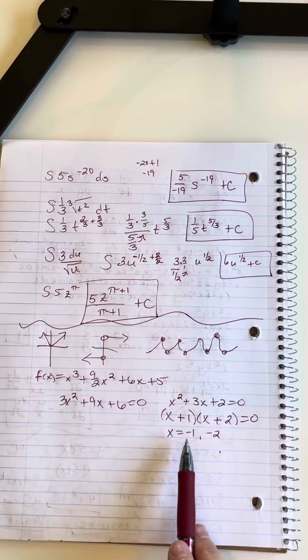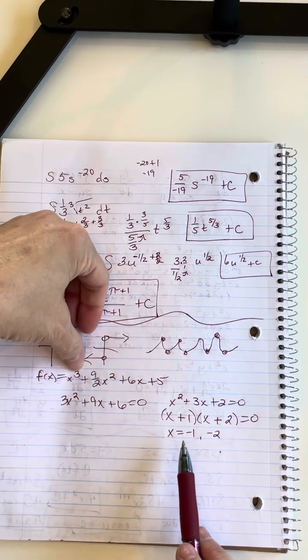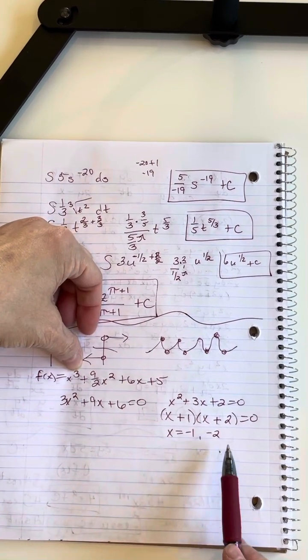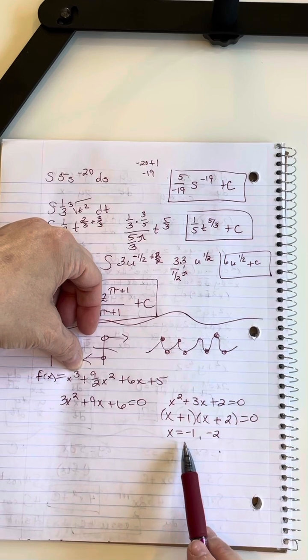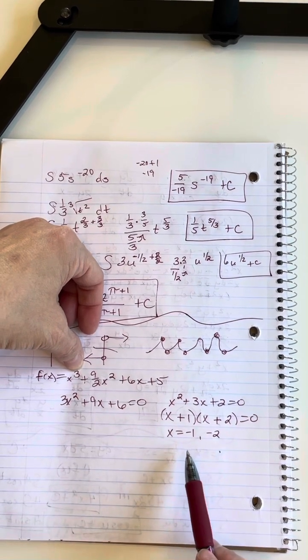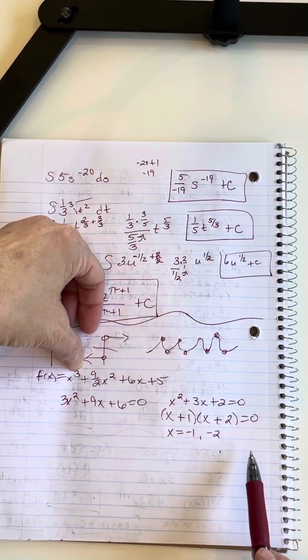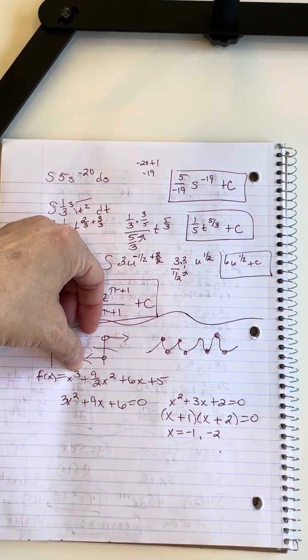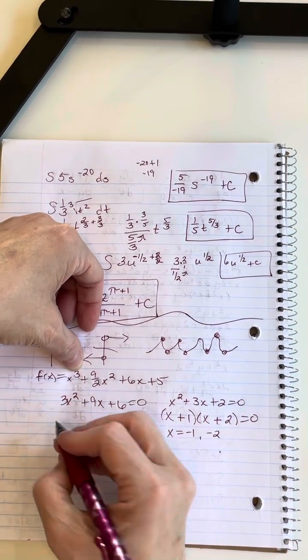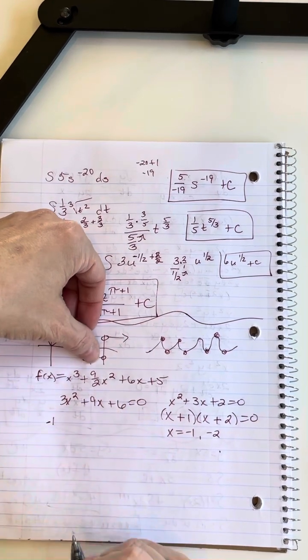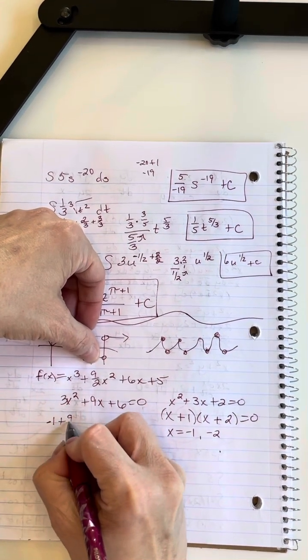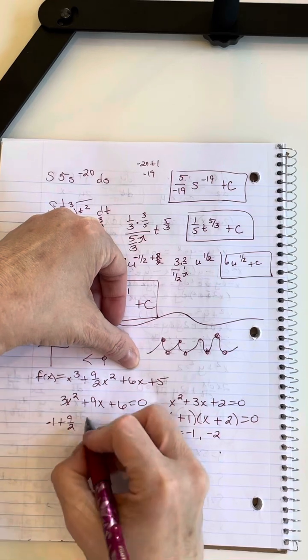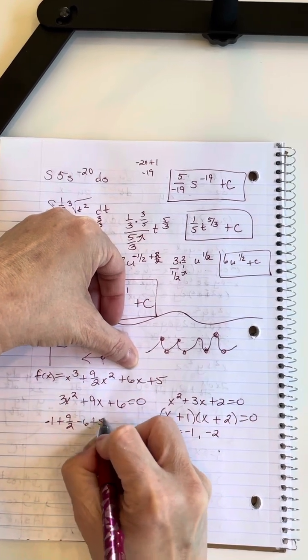And then I will plug those back into the original to see what values they give me, because one of these will be the maximum and one will be the minimum. And if I had more than 2 points, one of them wouldn't be the max or the min, it would just be a critical point. So when I plug in -1, we get -1 plus 9/2 minus 6 plus 5.